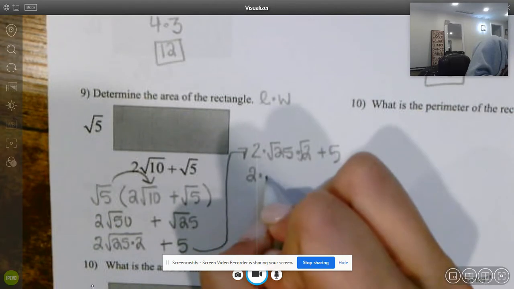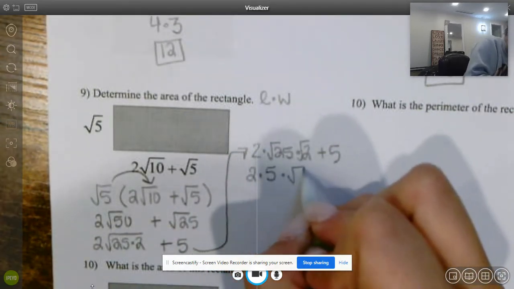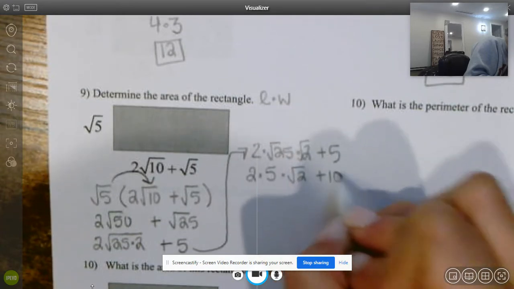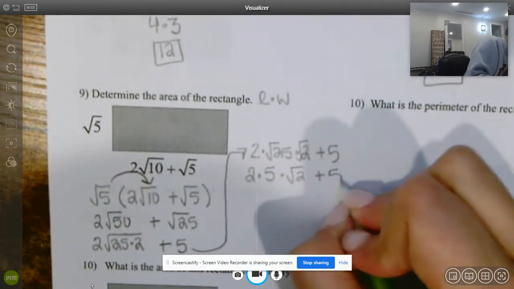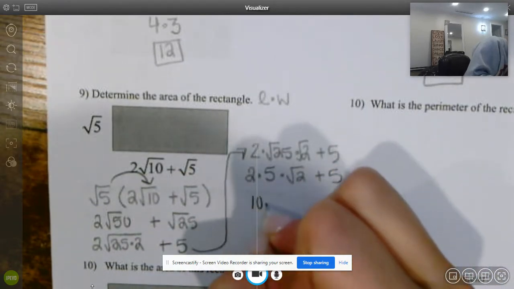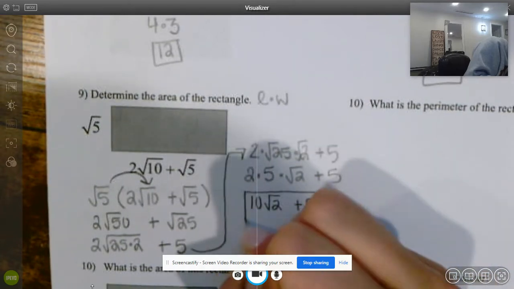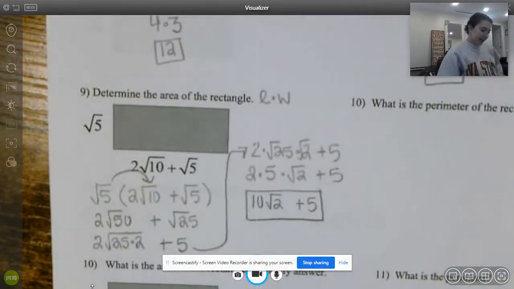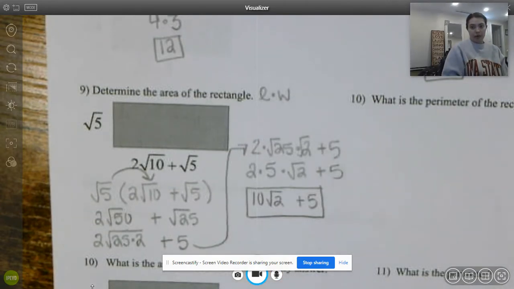This turns into 2 times, well, the square root of 25 is just 5, times the square root of 2, plus 5 on the outside. 2 times 5 is 10 times root 2 is just 10 root 2 plus 5, and that is it. Now because the 10 is attached with that square root of 2, we cannot do anything with it. So we actually have to leave it just like that.